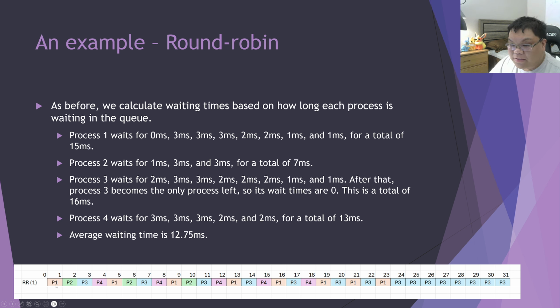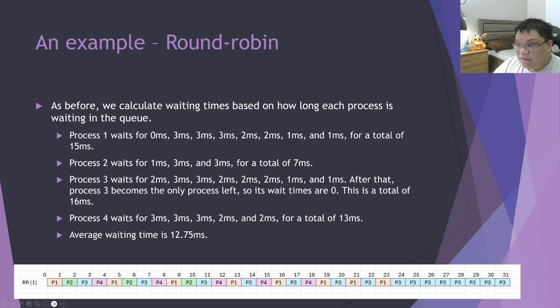Process 2 must wait 1, 3, 3 milliseconds. So it has to wait for a total of 7 milliseconds for its 3 turns to run on the CPU.